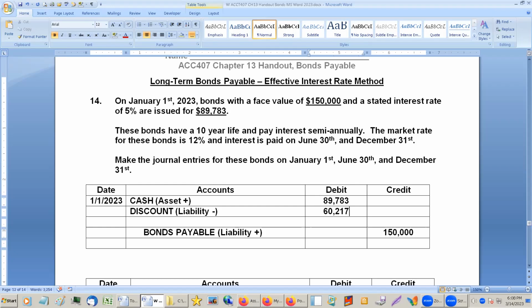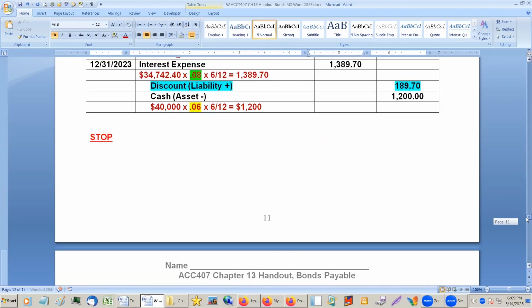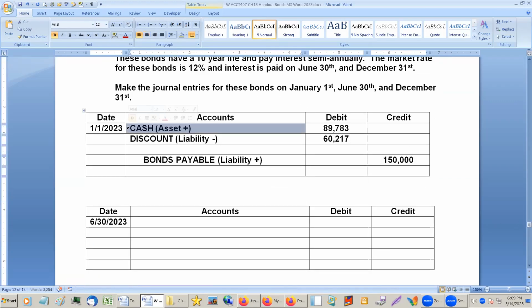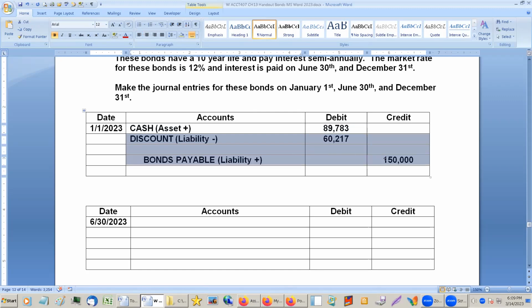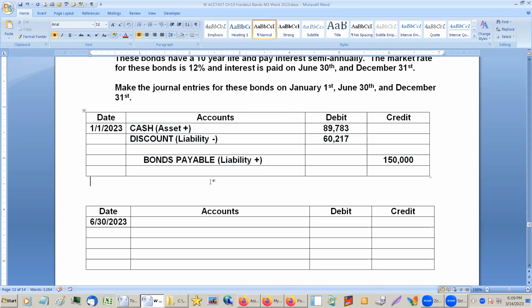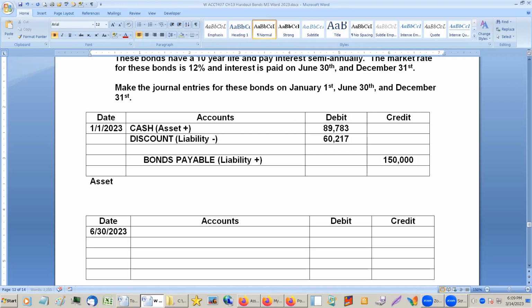And again, I think I talked to you about this last time. Let's see if I did. Yeah. So the cash is going to be the asset. And if your balance sheet is going to balance, your liabilities have to balance too. So what really happened is that you have cash on one side. So here's your asset. And on the other side, you're going to have your liabilities.